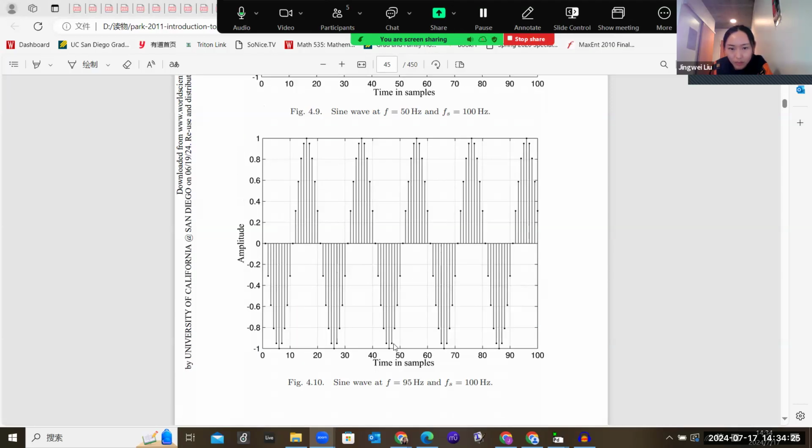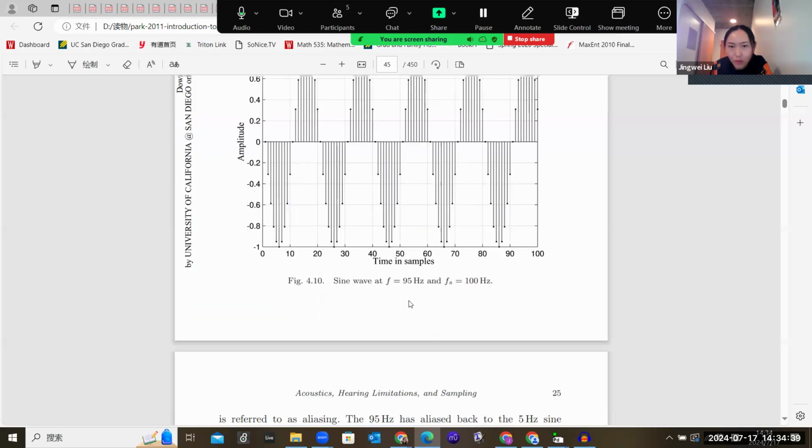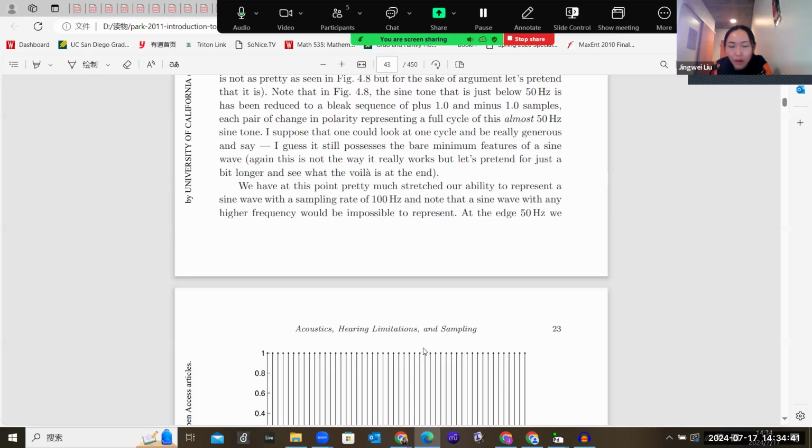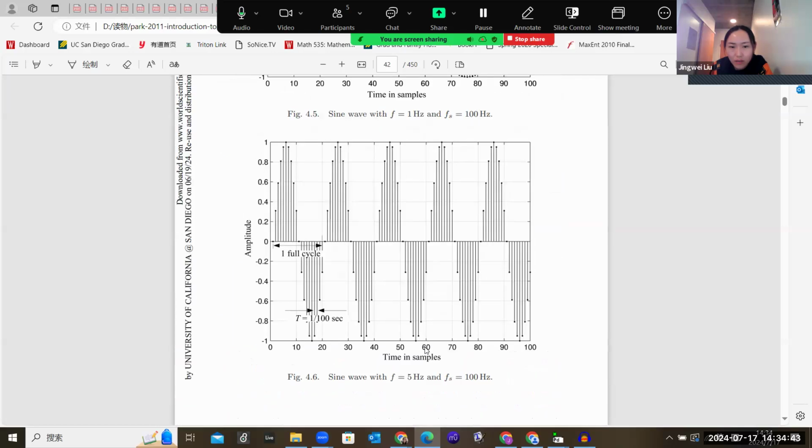So here is a demonstration. Here it gives the frequency at 95 hertz with a sampling rate of 100 hertz. So it gives you a somewhat okay wave.